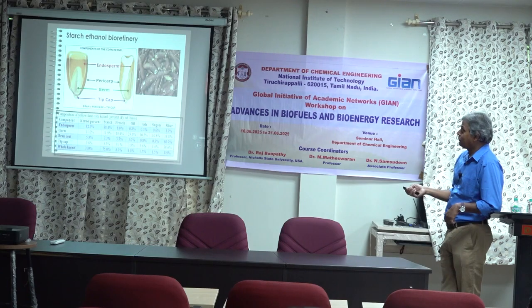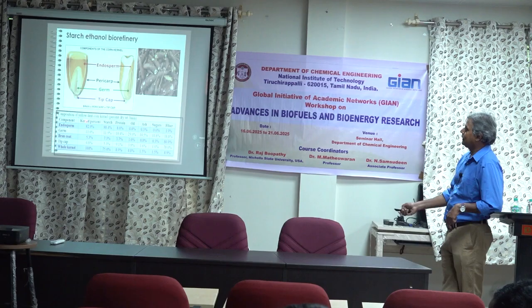Let's look at more details about starch in an ethanol biorefinery. Look at the corn crop. The corn itself has an endosperm, pericarp, germ, and tip cap. We did the analysis of every part of the corn.